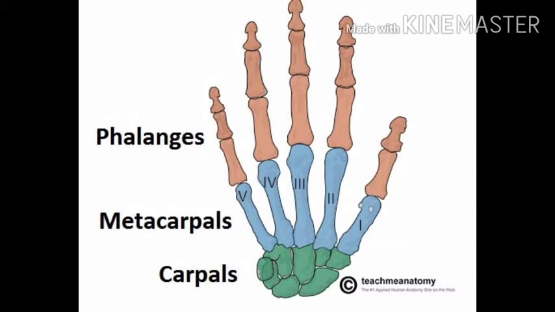These are phalanges, that is fingers of hand, 14 in number, in thumb 2, and in other fingers 3 in each.